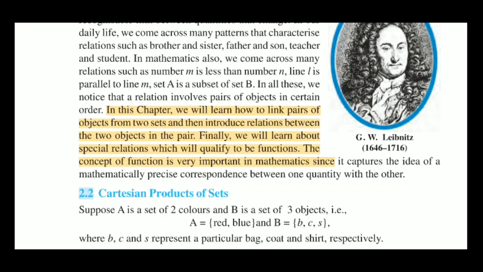In this chapter, we will learn how to link a pair of objects from two sets and then introduce the relation between two objects in a pair. Then we will learn about the special relationship which will qualify as functions. The concept of a function is very important in mathematics since it captures the idea of a mathematically precise correspondence between one quantity and another.